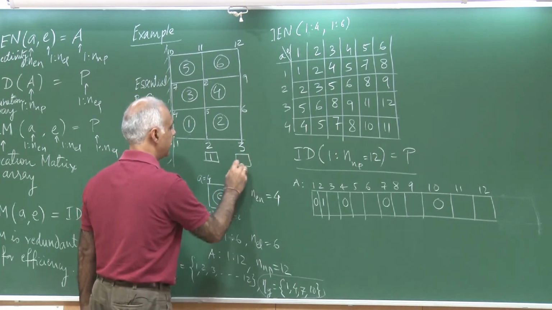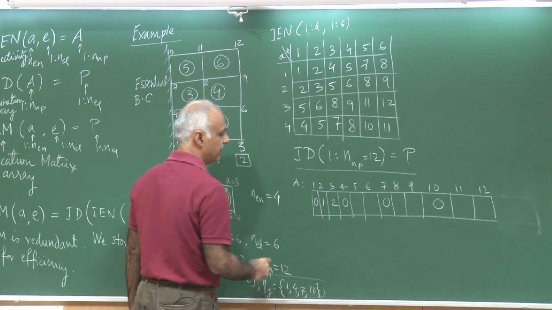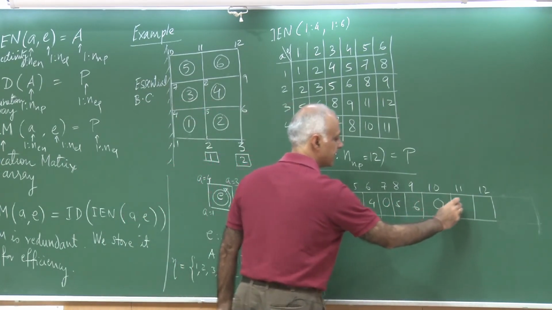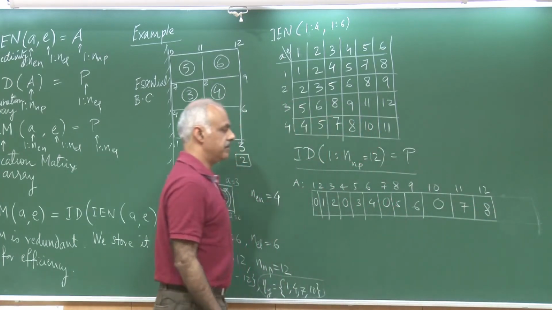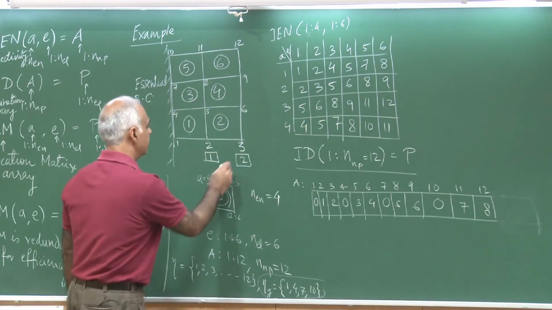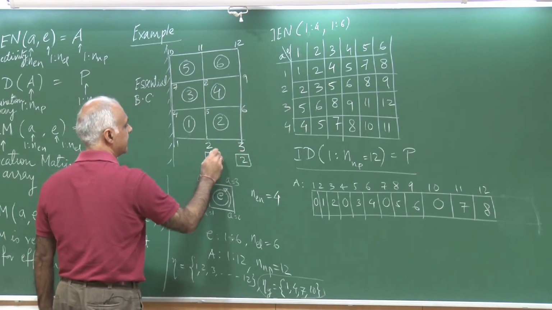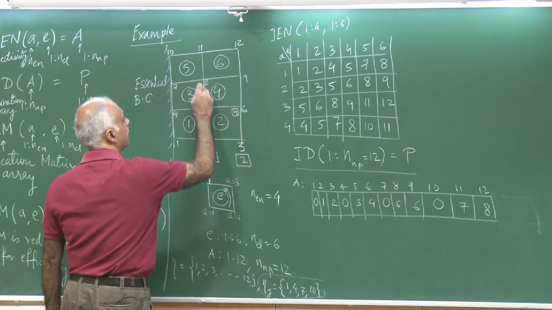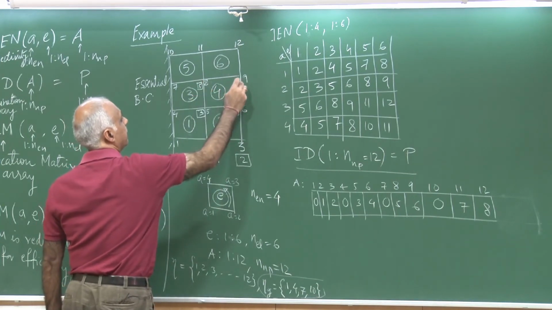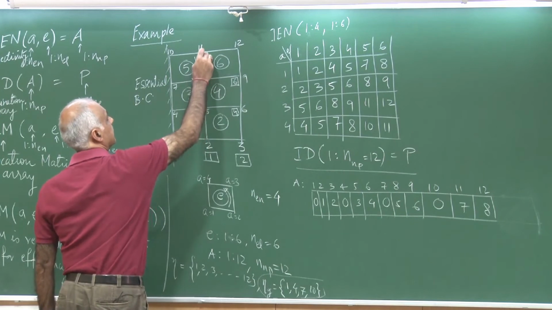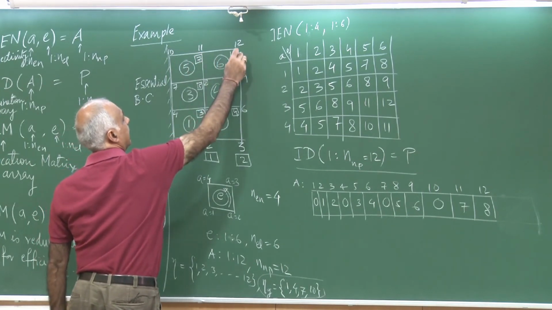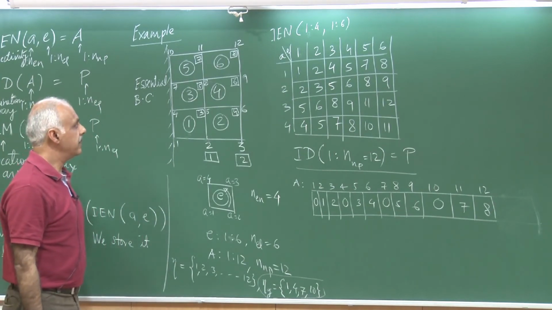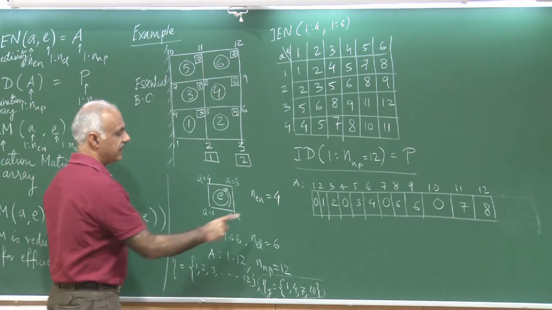Well, I can go ahead and assign 2, and likewise I can just fill up consecutively my equation numbers. So, 1, 2, this would be 3, this is 4, this is 5, 6, 7 and 8. So, I have 8 equations, 12 nodes, and this is the ID array.